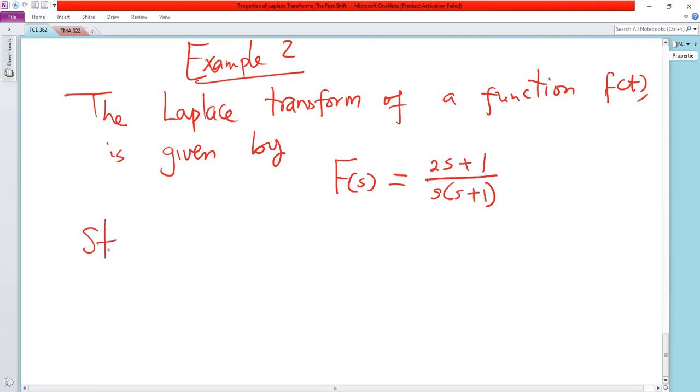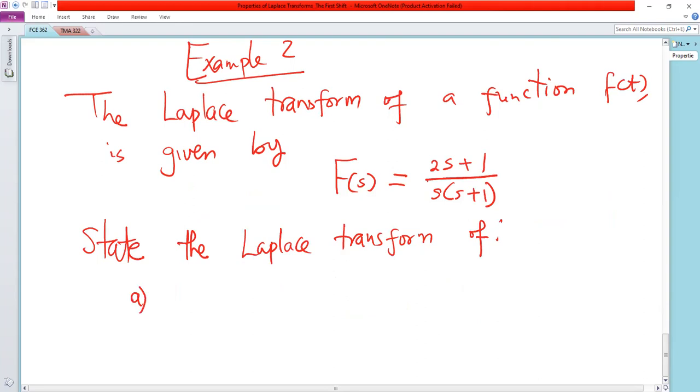State the Laplace transform of these two functions: a, e raised power minus 2t times f of t, and b, e raised power 3t times f of t. So this is the next question.